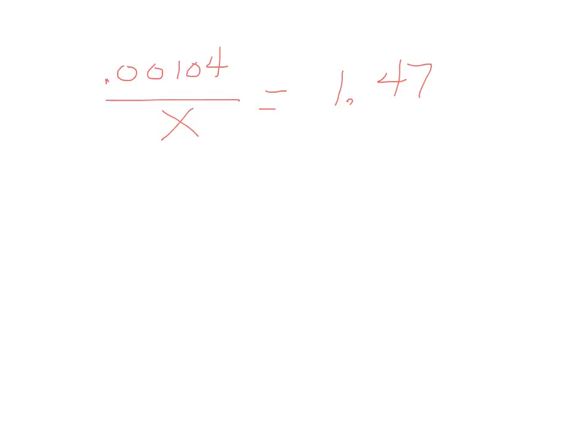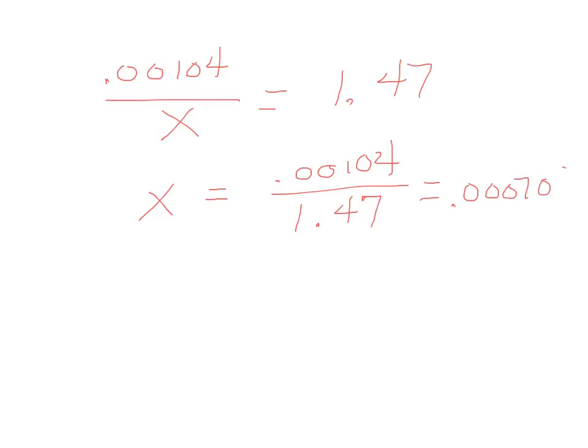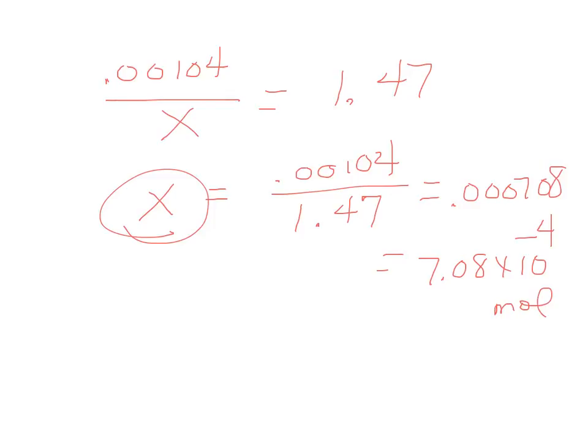Now we just solve for x, and that is equal to, if you want to put it in scientific notation, x is a rate, and that is moles per minute.